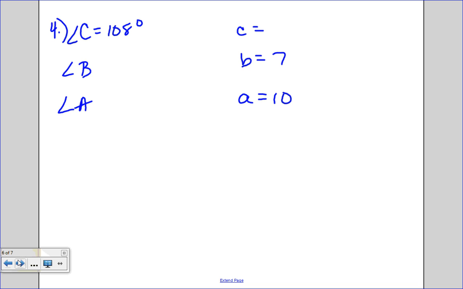I am forced to use this formula first: C squared is equal to A squared plus B squared minus 2AB times the cosine of C. I have to use that formula first. Do y'all understand that? Are we all good on that? Because of the information they gave me, I am forced to use this formula first.